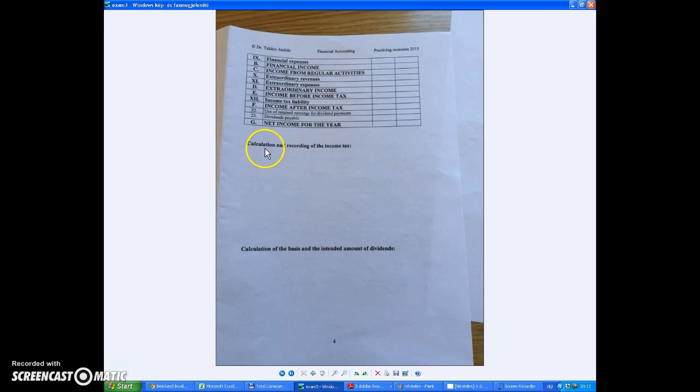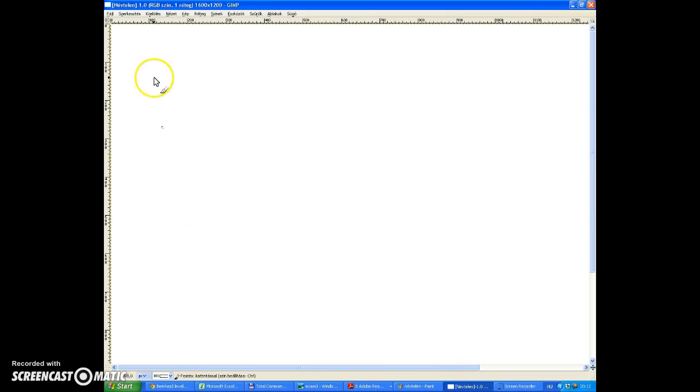First of all, let's calculate the income tax. In order to calculate the income tax, we have to calculate first the tax basis. So I write to make it more understandable. First of all, we calculate the tax basis. After that, we will add the tax basis increasing items.